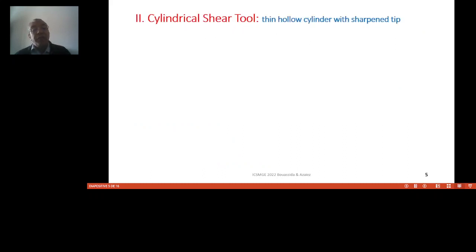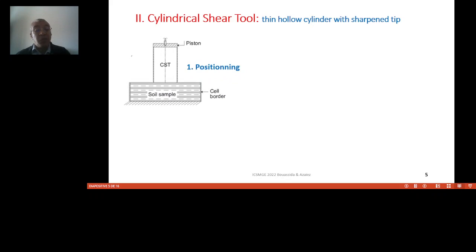This tool, named the Cylindrical Shear Tool, is a vane hollow cylinder with a sharpened tip. So here we have the sample, and we will place the CST on the soil sample.